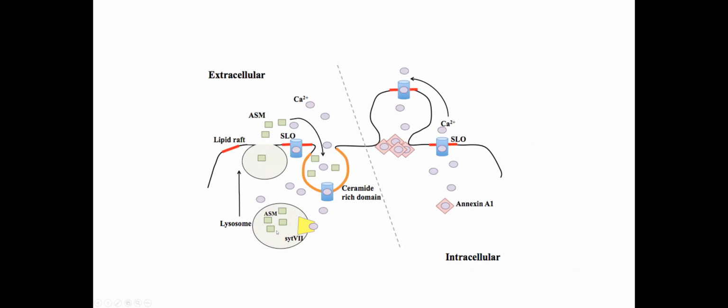And ectocytosis is not the reverse process of this. Ectocytosis is forming this kind of a bud, a budding process, and then this one is cleaved here, and this one is secreted to the outside. That's the exosome. So exocytosis and ectocytosis are not the same.